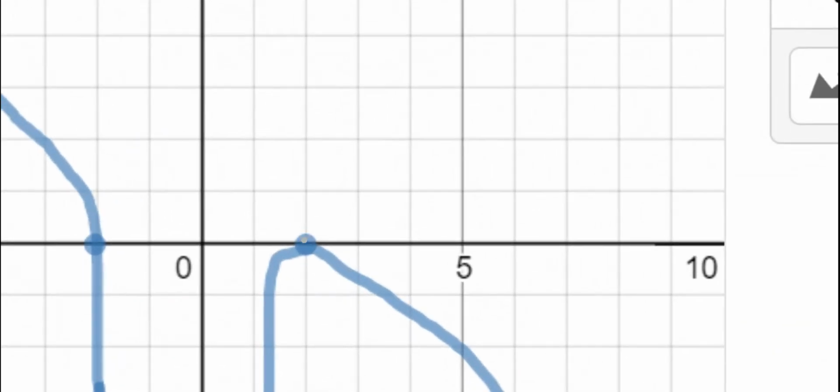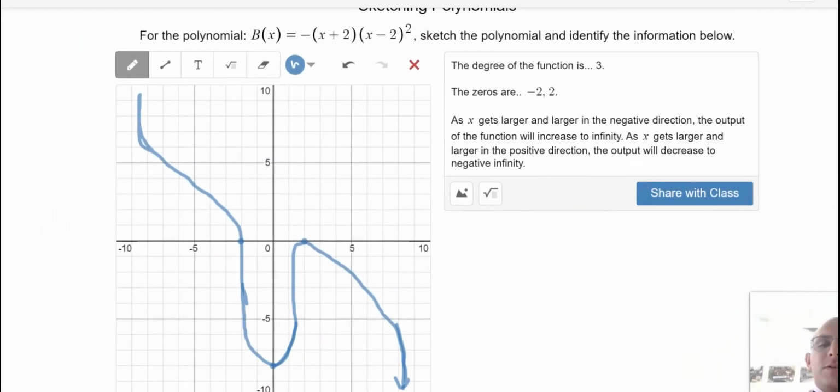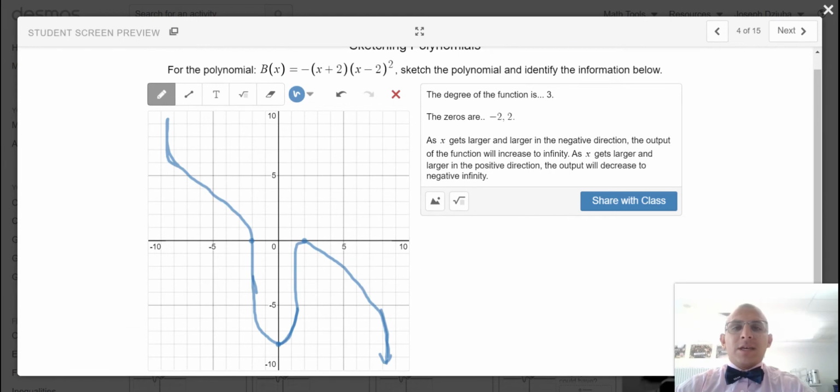The reason why I know that I'm going to bump that particular point is due to the multiplicity of that root being 2, or an even number of times it occurs.